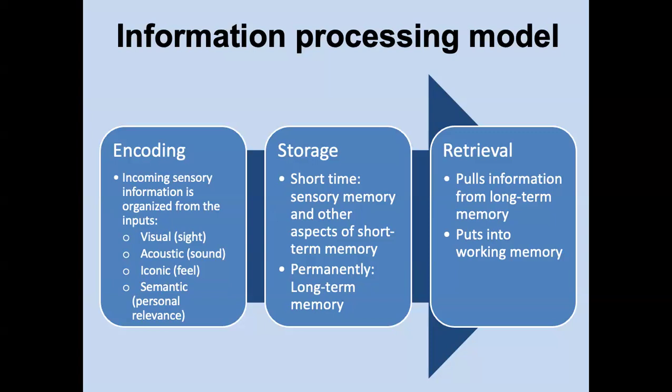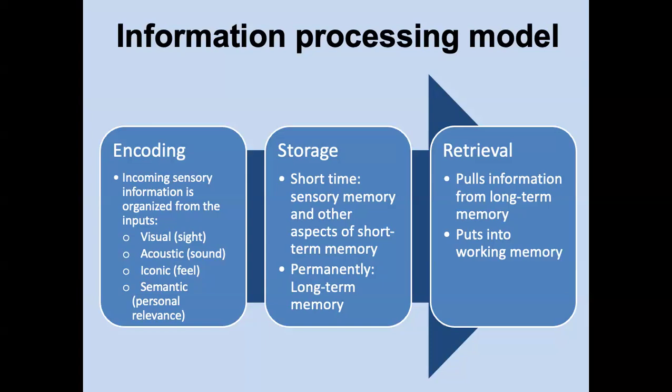Encoding is about the incoming sensory information and how it's organized from how you perceive the world. And then we store it in a few different ways. Most of the lecture is going to be about how we store memory.